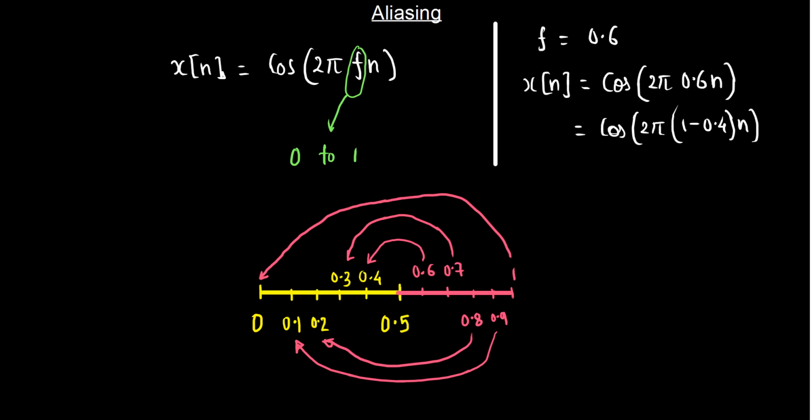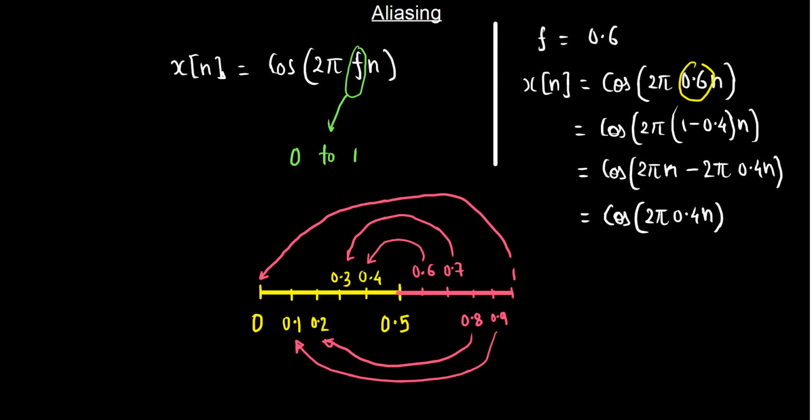Nothing wrong with that. So this is as good as cos of 2 pi n minus 2 pi into 0.4 n. And we know that an integer multiple of 2 pi in the angle will give you the same angle. So it gives cos of 2 pi 0.4 n. So you may observe that the 0.6 frequency is getting mapped to 0.4, as we have seen here.